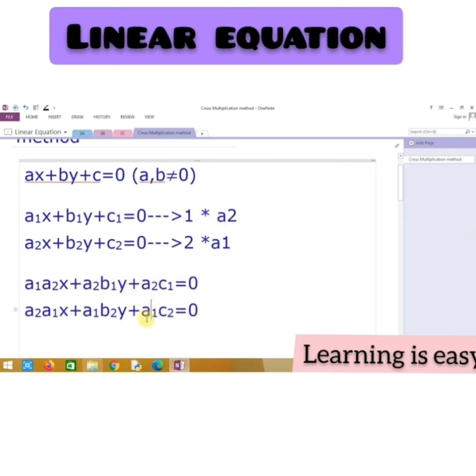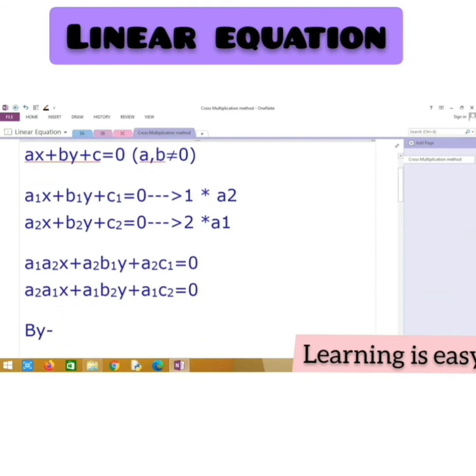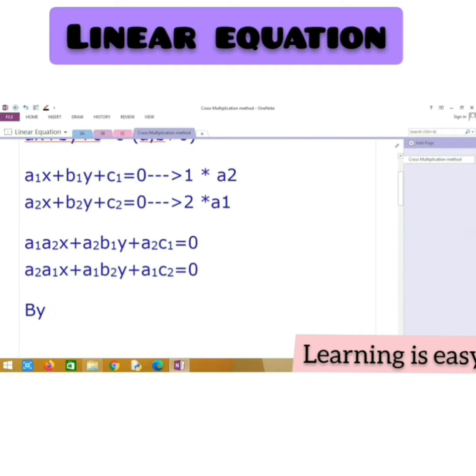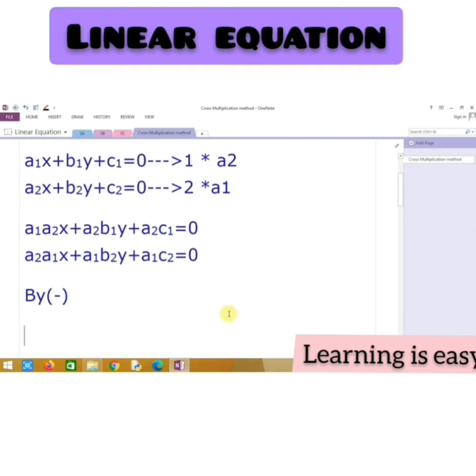By subtracting both these equations, x terms are going to go away, so we will have only the y and the constant terms.